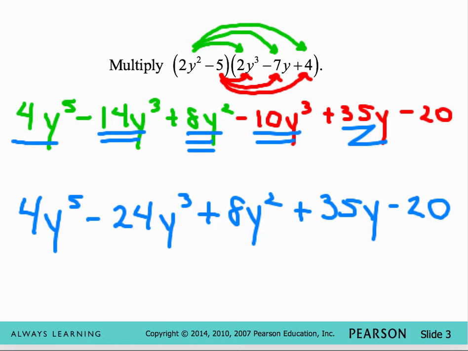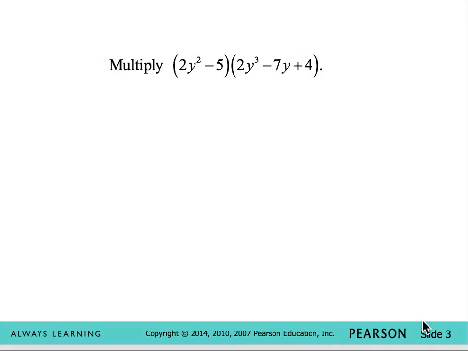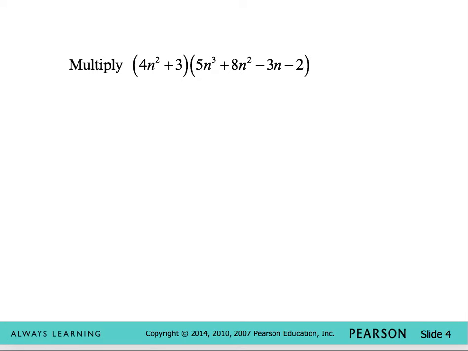Okay, to multiply polynomials, just multiply every term in the first polynomial by every term in the second polynomial.